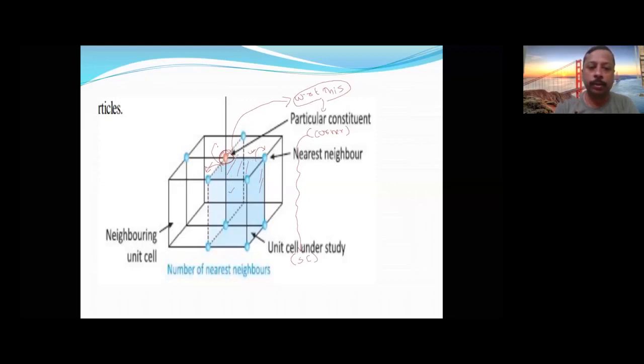So what is this distance? Let me clear some unnecessary things. This is about the one unit cell under the target. Now we are going to study the number of nearest neighbors.